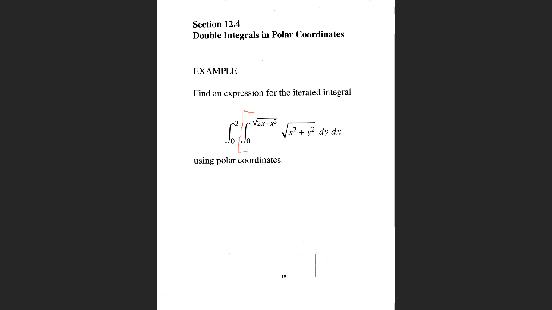This inner integral with respect to y, is it clear that if we were to try to integrate it, it would be difficult? We're holding x constant in the inner integral, but do we know the antiderivative of that square root of x squared plus y squared offhand?